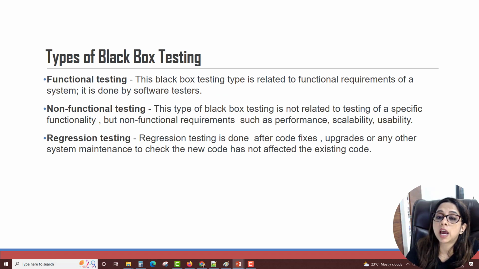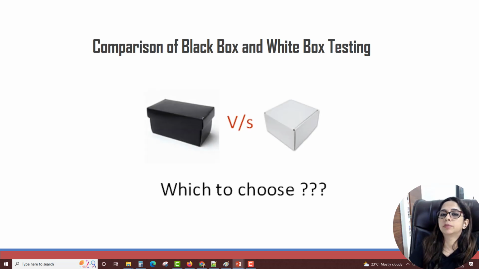But when we have to test the security aspects, find memory leakage, do mutation testing, or unit testing, which is certainly done by the developers, those kinds of testing will be termed white box testing. So it depends on what phase of the software we are in and what testing we need to do. Accordingly, it will be termed as black box or white box testing.